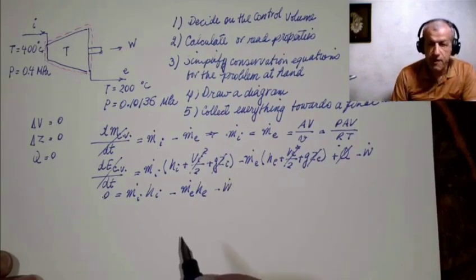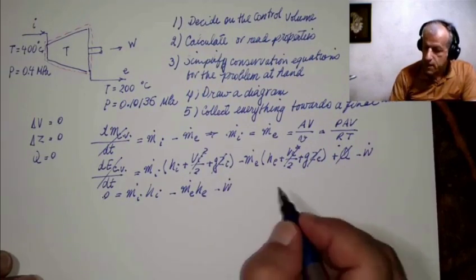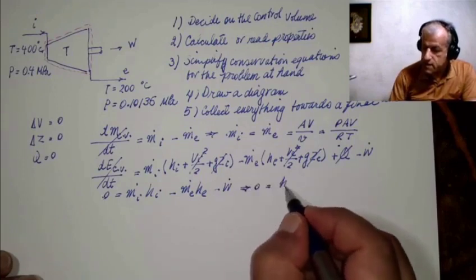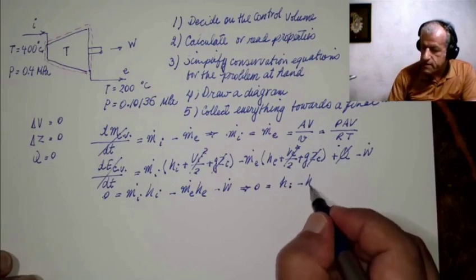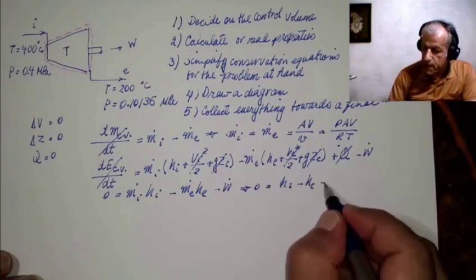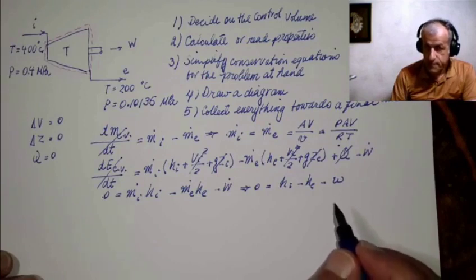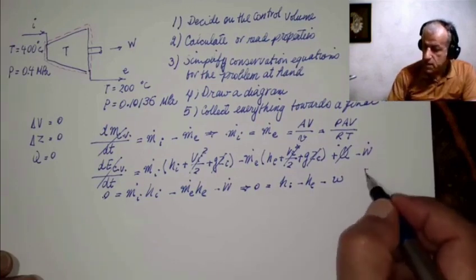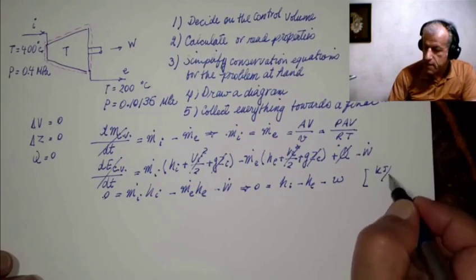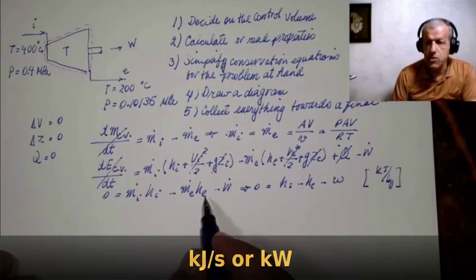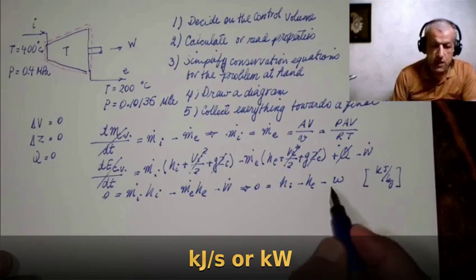If we divide everything by m dot, that gives 0 equals h_i minus h_e minus w, which has dimensions kilojoules per kilogram.